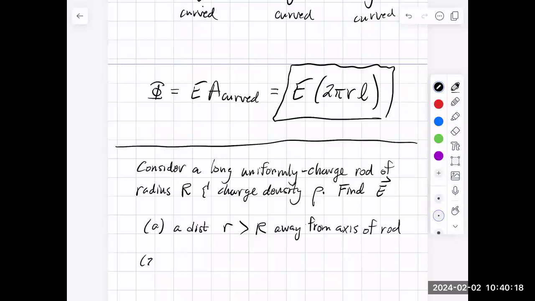And part B will be a distance r that's inside the cylinder somewhere, a distance r that's less than capital R from the axis of the rod. So first part A is outside the rod and part B is inside the rod.